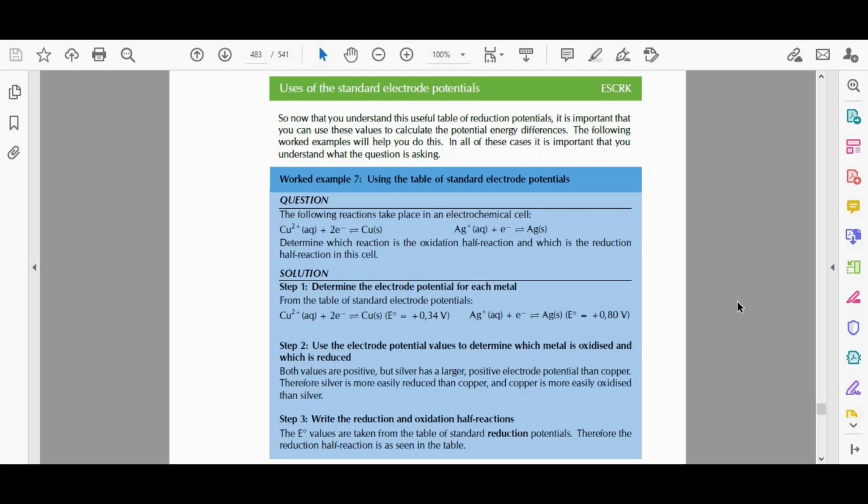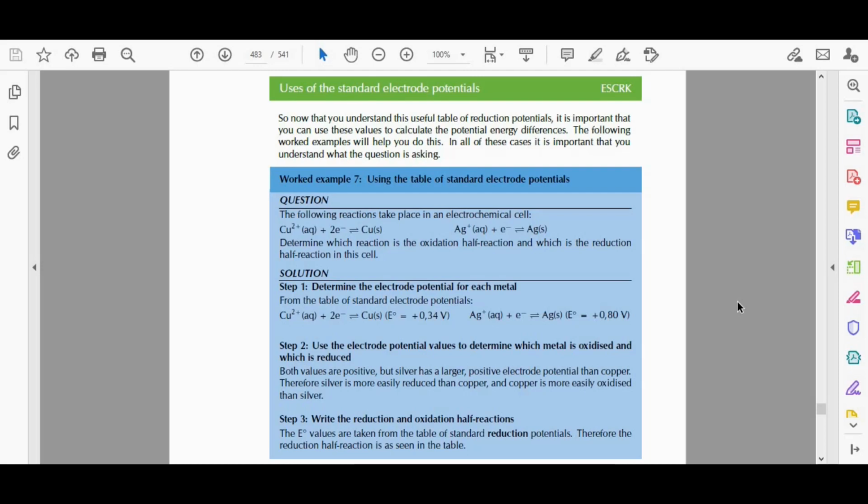Looking at the solution, step 2, both values are positive, but silver does have a larger positive electrode potential than copper. So that answers the question: what do I do if both my electrode potentials end up being positive values?